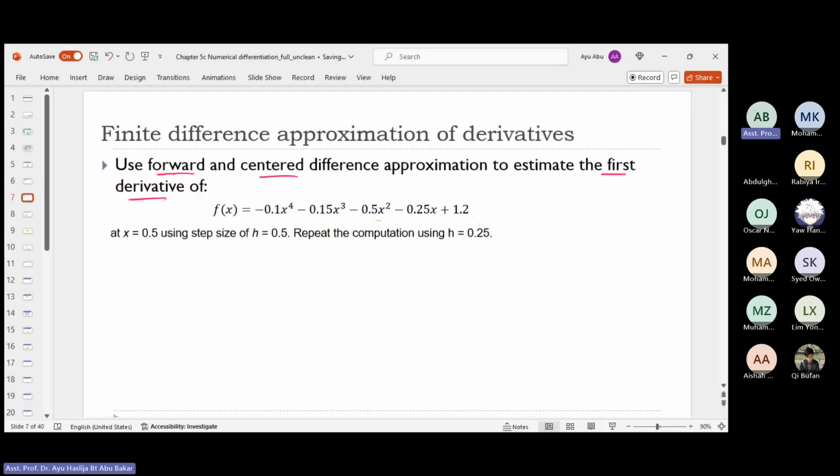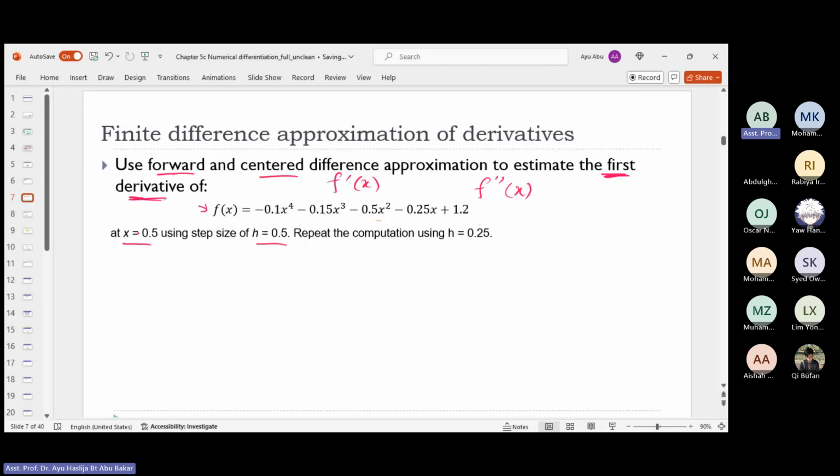Now, we try this one. It asks you to use forward and centered difference approximation to estimate the first derivative. First derivative means f prime x. If it mentions second derivative, then f double prime. Now the given equation is this, and at x 0.5 using step size of h 0.5.